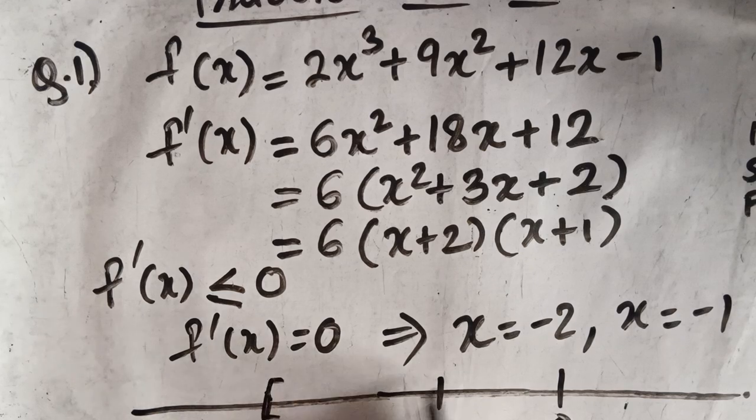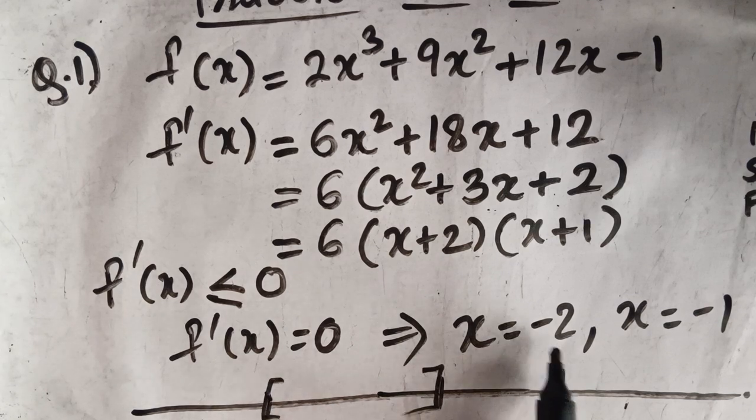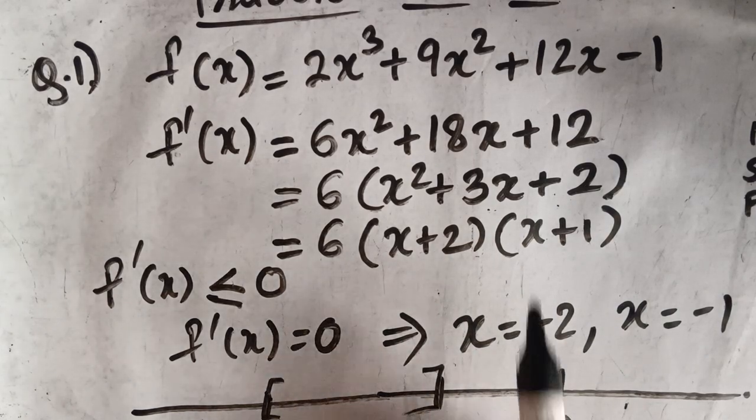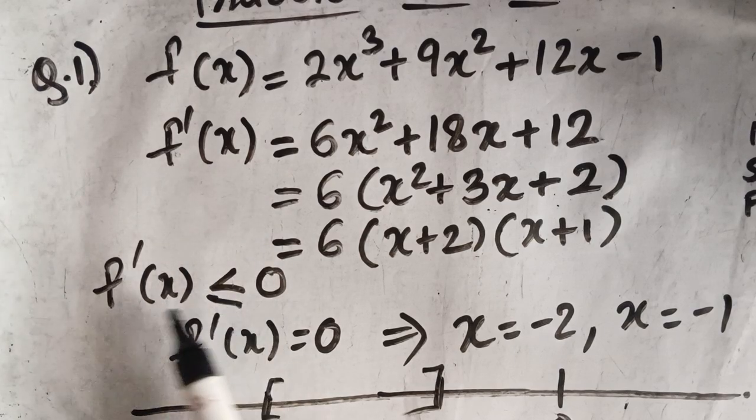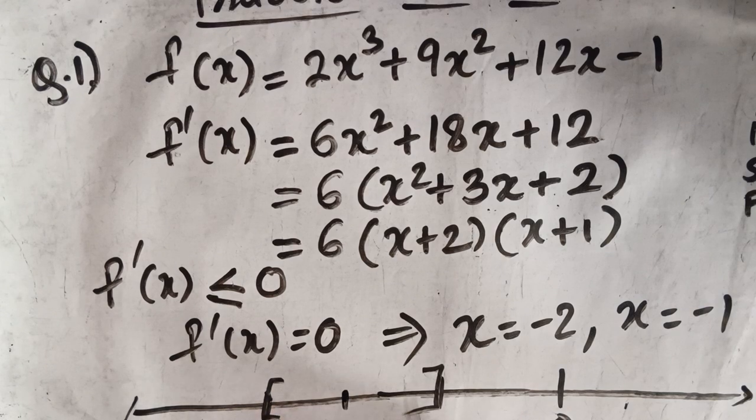So this is the interval. If you put minus 2 here, it will be 0. If you put minus 1 here, it will be 0, f dash of x equal to 0. Now you have to check whether f dash of x is less than 0. So take a point greater than minus 2, say minus 1.5, which belongs to the interval minus 2 and minus 1.